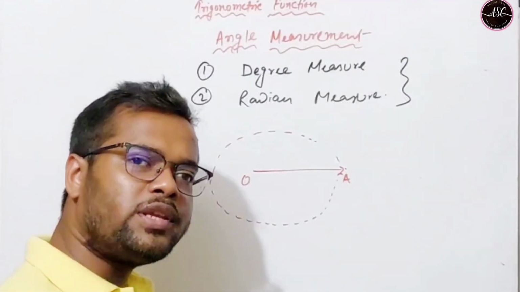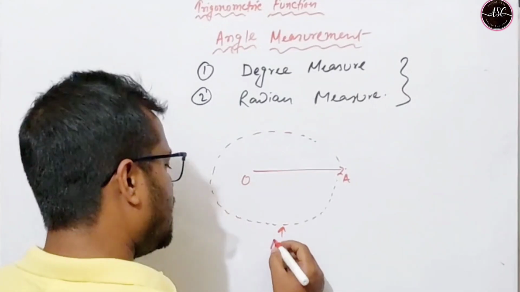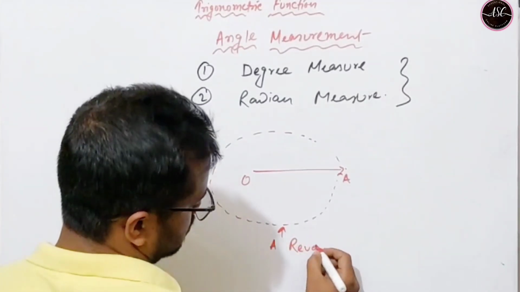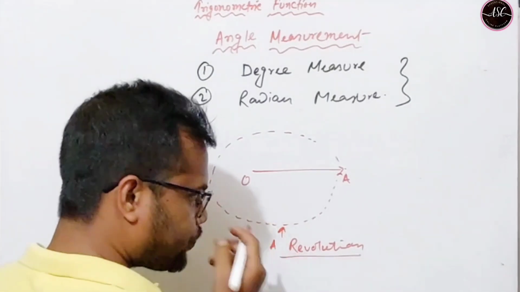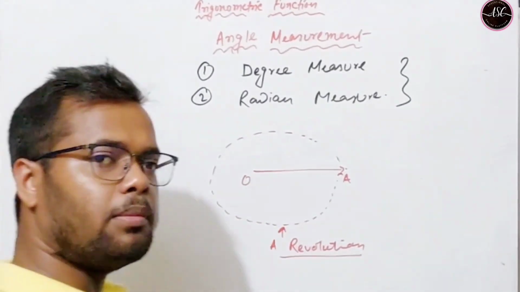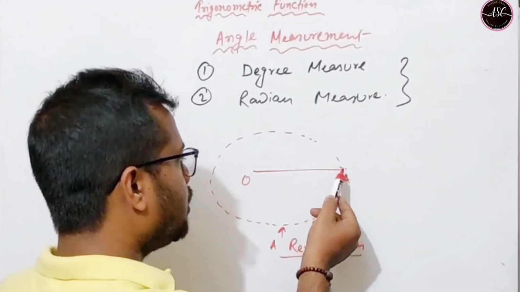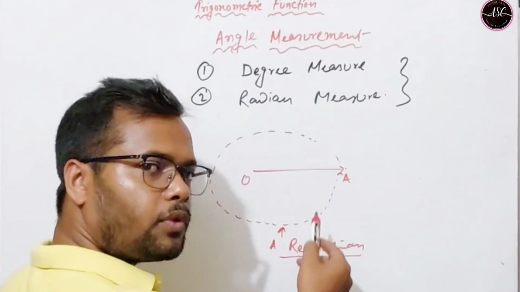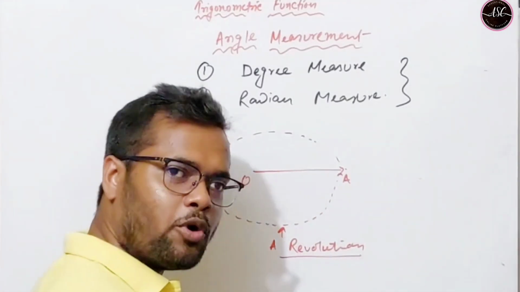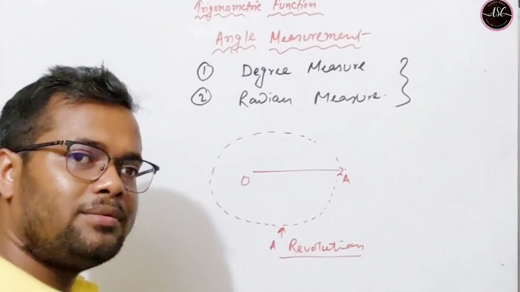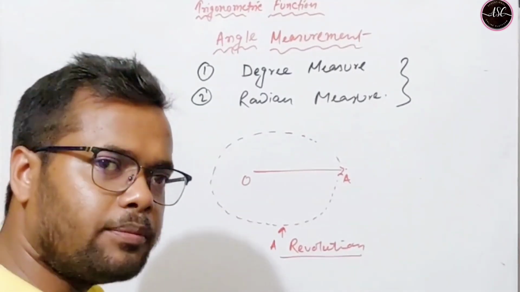The whole rotation is called a revolution. This should be remembered. That means if a ray rotating from its initial point comes back again to its initial point, then the total rotation is called the revolution.